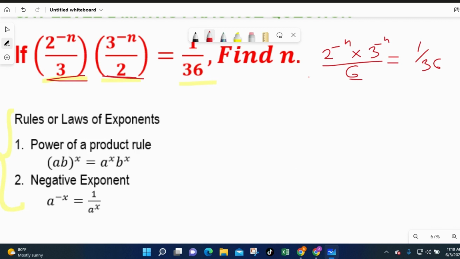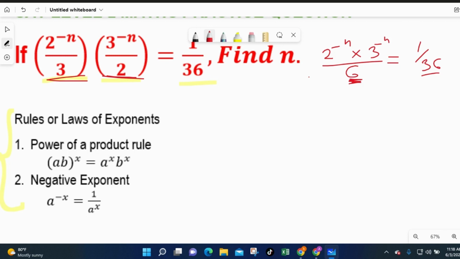Times 2. Good. So having gotten to this step, the next thing we need to do is to look for ways we can remove the denominator 6. And the only way we can remove that denominator 6 is by multiplying both sides by 6, because 36 can divide 6 to give us a whole value.